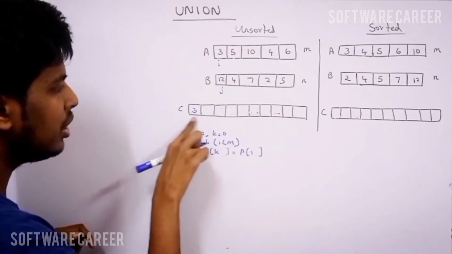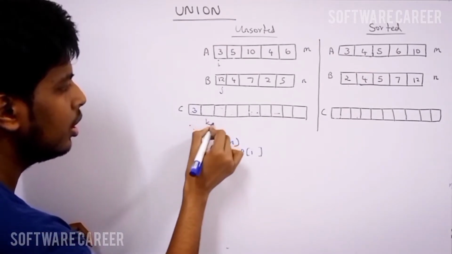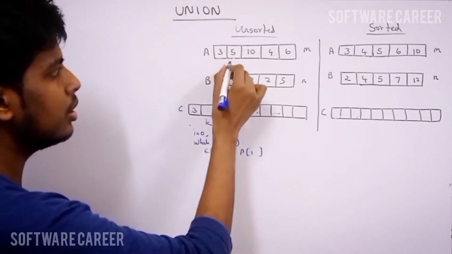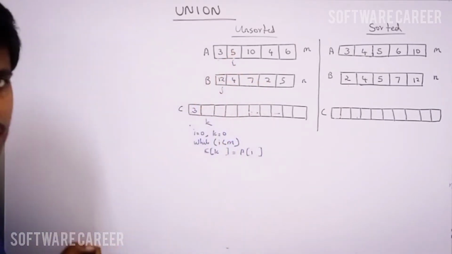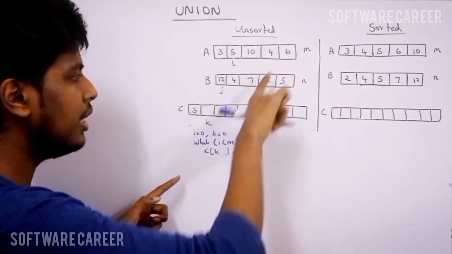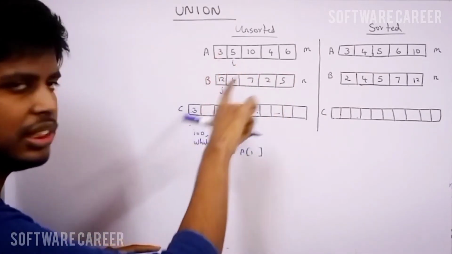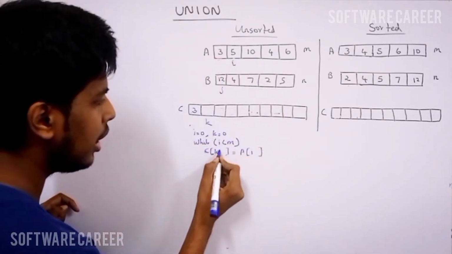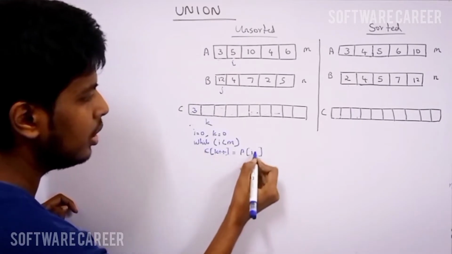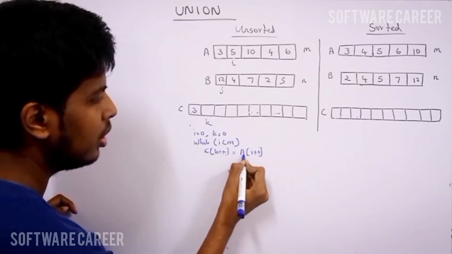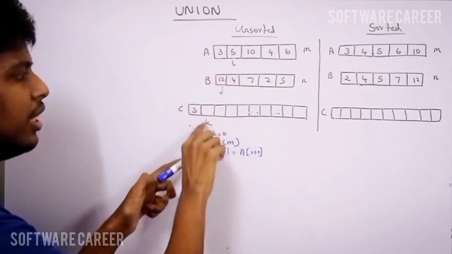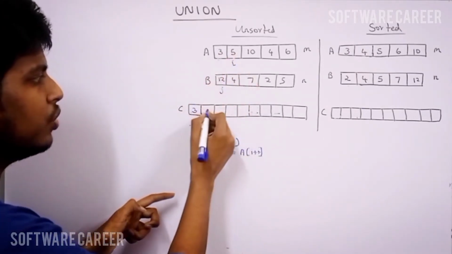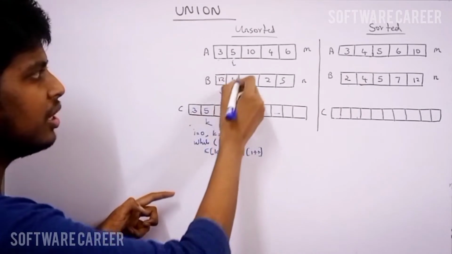After 3 gets copied, the K value increases, then the I value gets increased. Now you should copy this 5 over here. So you should increase I and K one by one after copying each element. So you should write K plus plus and I plus plus inside it. It copies 3, then I and K get incremented, then it copies 5, then 10.